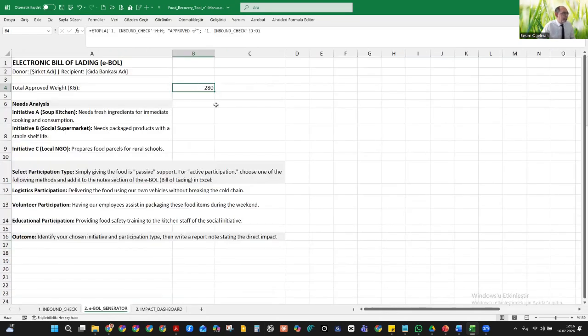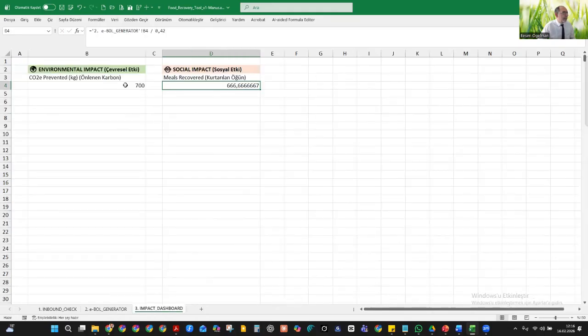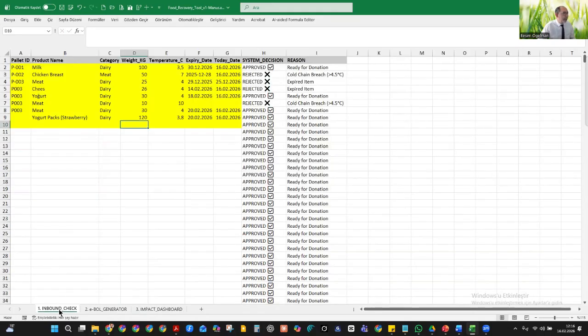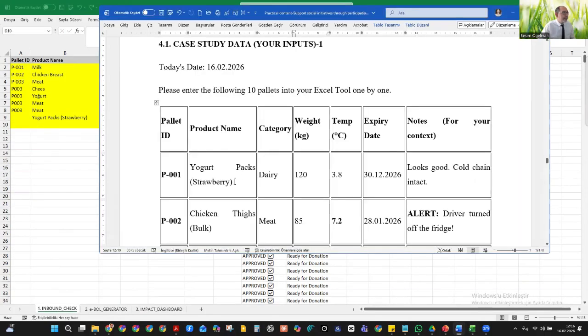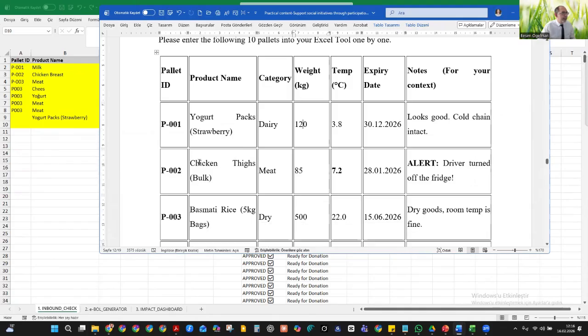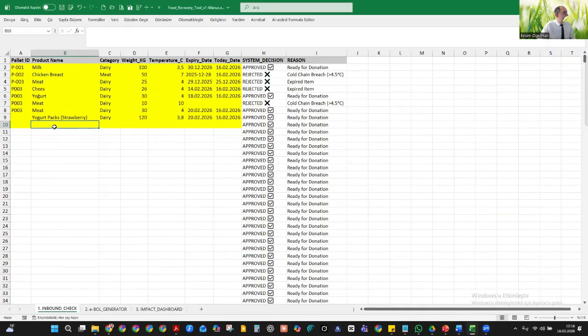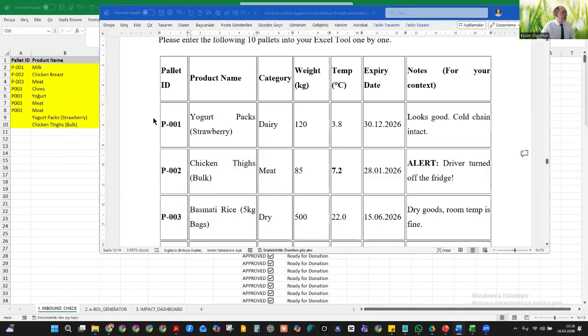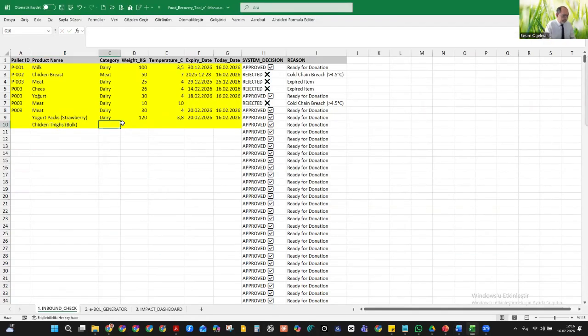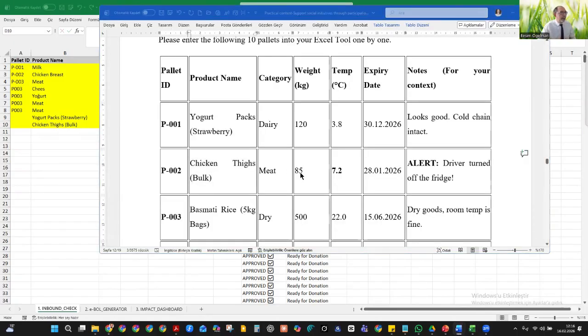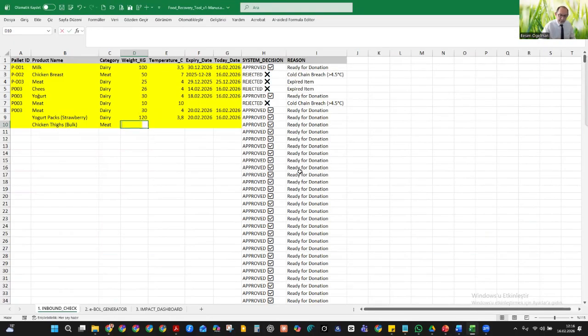The table generator changes. The impact dashboard also changes. Another one, chicken thighs. Meat. Also dairy. 85.